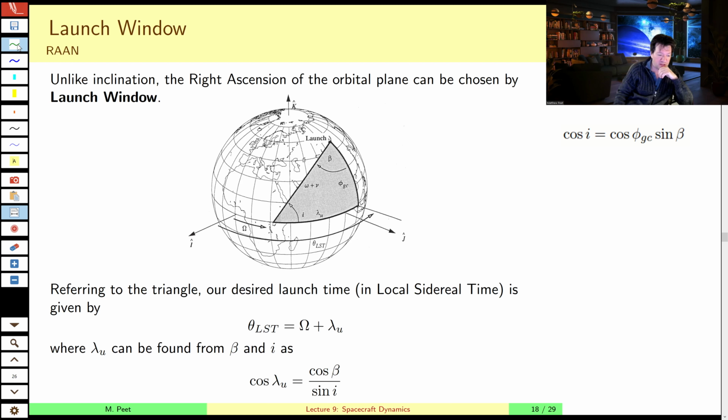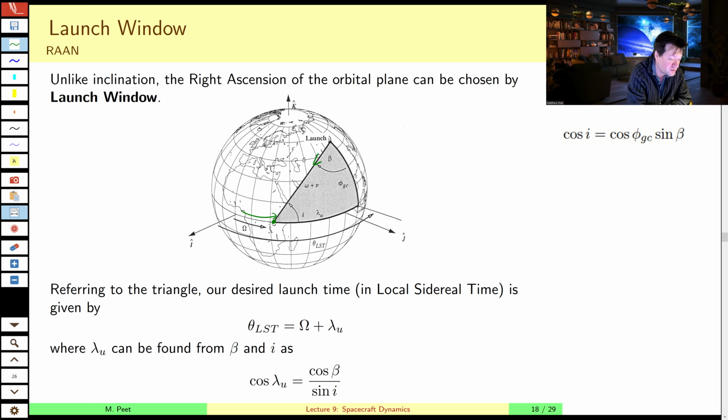Remember, of course, if you're launching down, then this suddenly becomes the descending node. Now, obviously, inclination isn't going to change whether you're at the ascending or descending node. However, if you're heading towards the descending node, this is not the correct definition for right ascension.